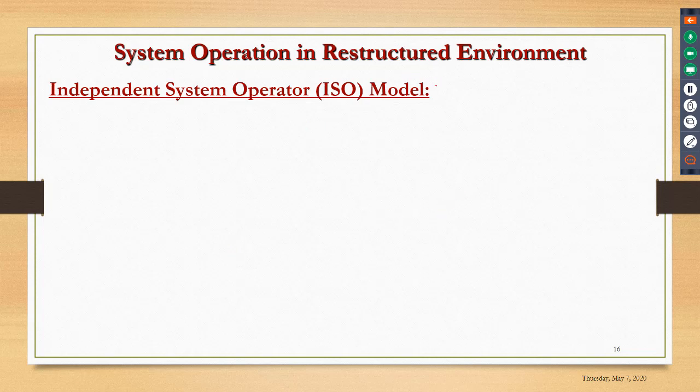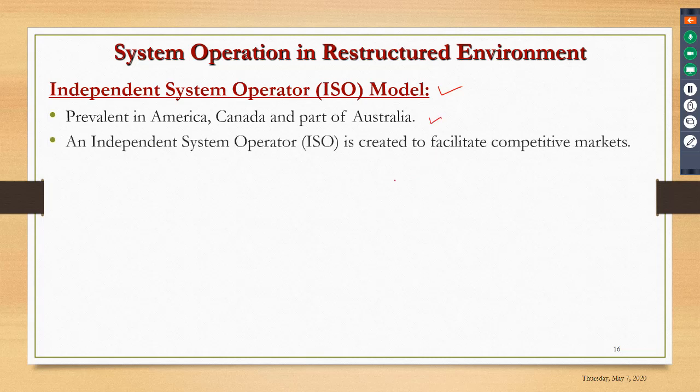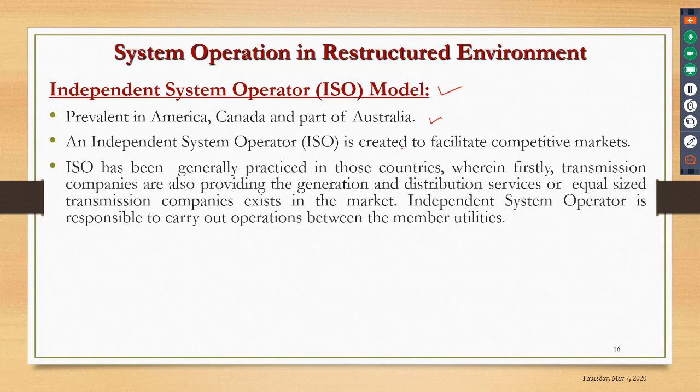One is known as the independent system operator model, and the other is known as the transmission system operator model. The independent system operator model is prevalent in the US, Canada, and parts of Australia. An independent system operator is created to facilitate competitive markets. It has the sole role to facilitate this competition.